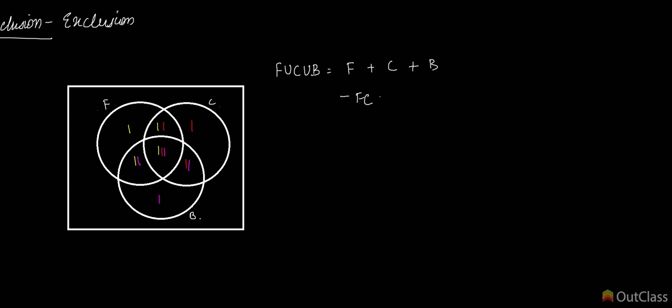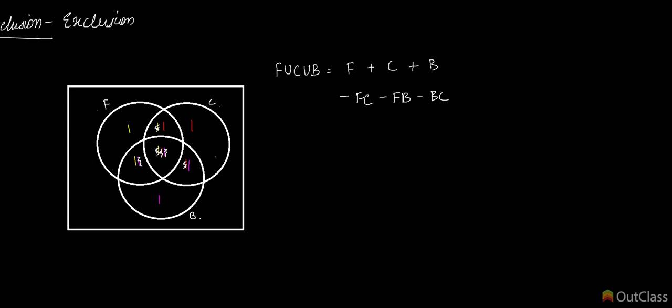FC is F intersection C. We subtract FB and we subtract BC. Now FC is these two regions, both will be subtracted. FB is these two regions, subtracted. BC is these two regions, subtracted.